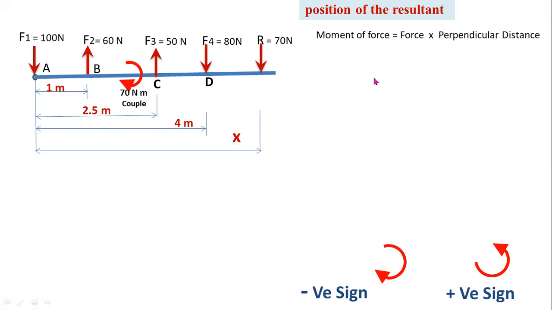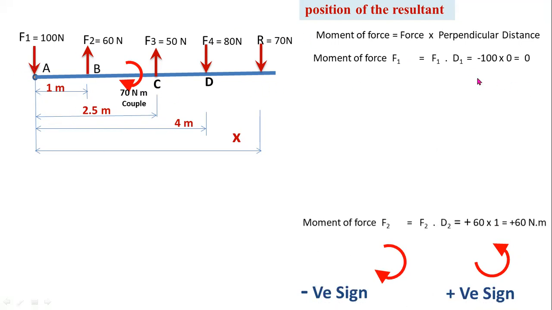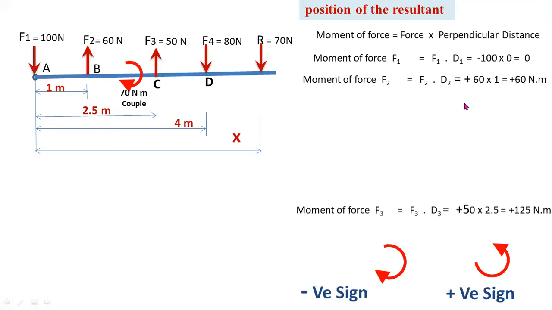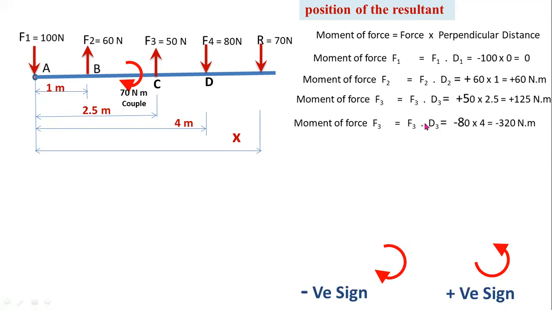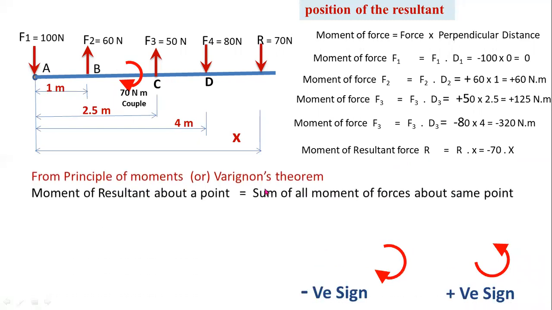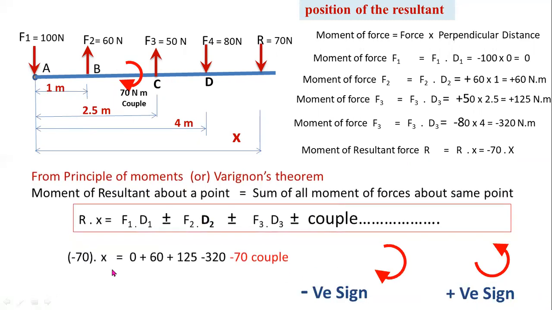Already the remaining forces are the same as discussed previously. Now this is the formula, already we know that. So here I consider the couple force: positive sign for anti-clockwise, negative sign for clockwise.